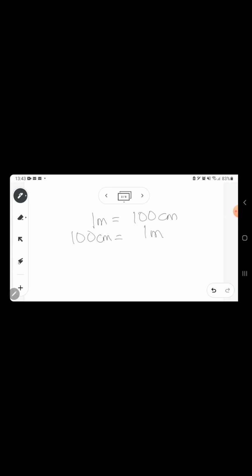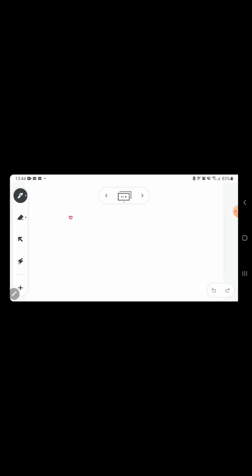Now let's try and think of a question. Let's say Trevor has a tape that has 6 meter and 15 centimeters. 6 meter, 15 centimeters of tape.